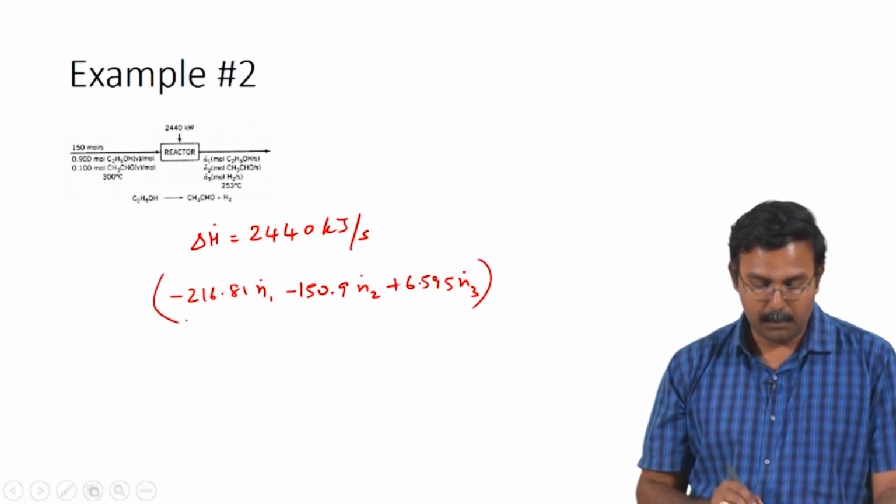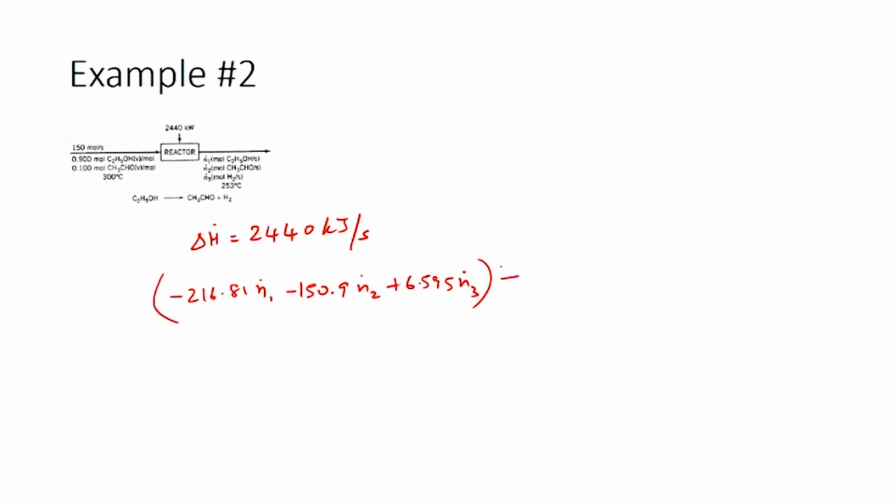So, this is the enthalpy of the outlet stream minus 135 times minus 212.19 plus 15 times minus 147.07. This is the enthalpy of the inlet stream. This would be equal to 2440 kilojoules per second.